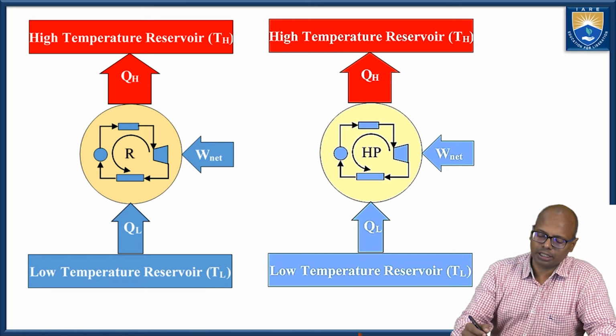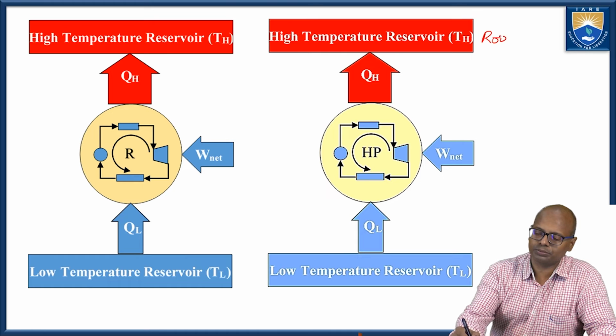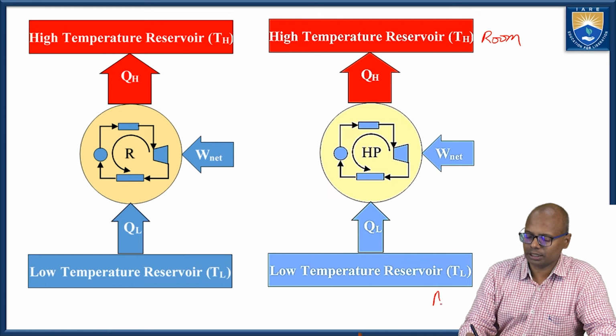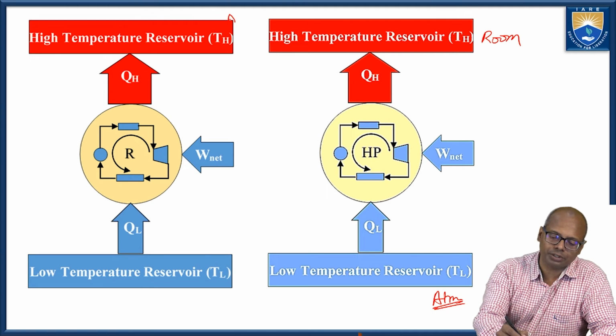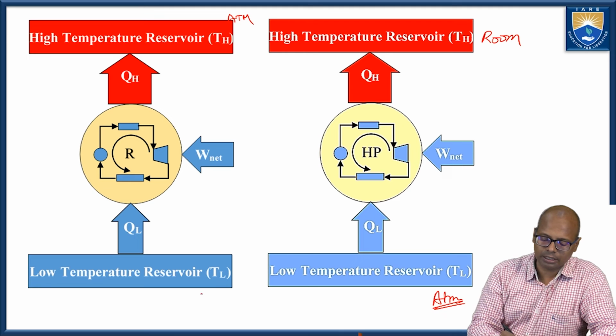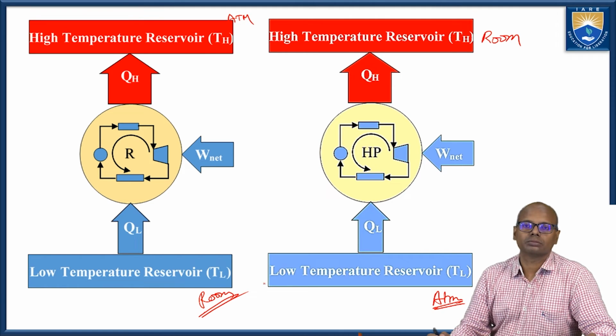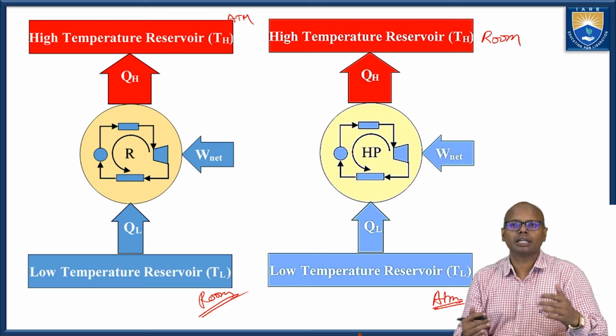So here in the heat pump, this is the room and this is the atmosphere. And in the refrigerator, this is the atmosphere and this is the room. So this is the difference.